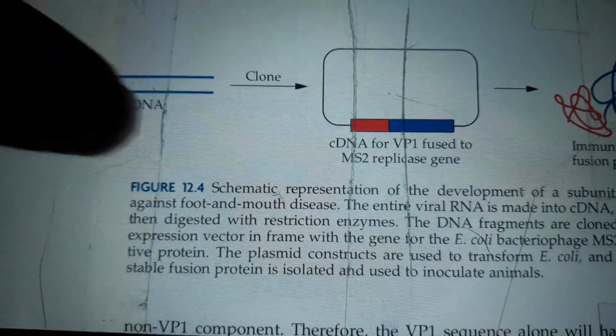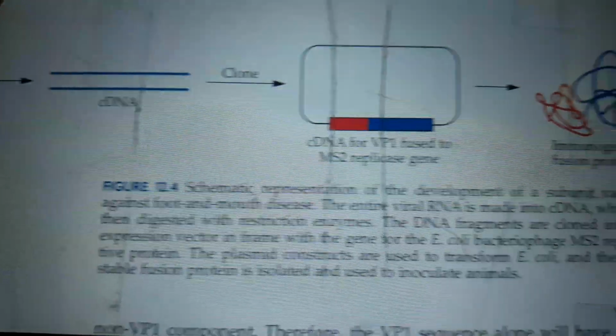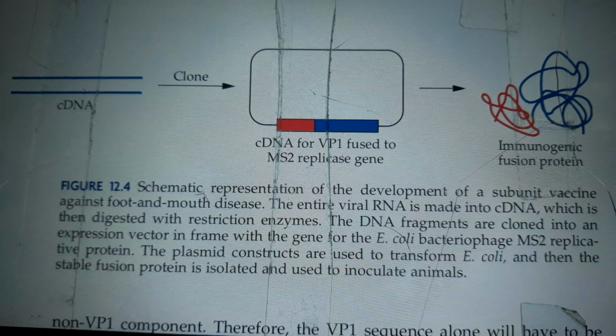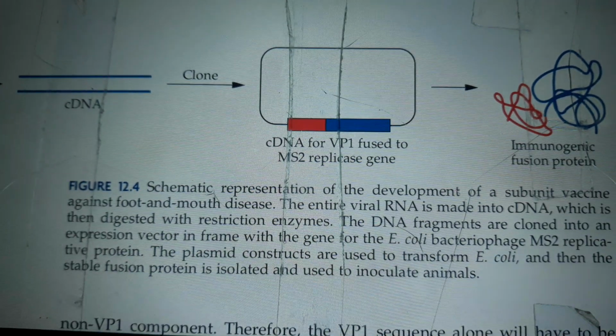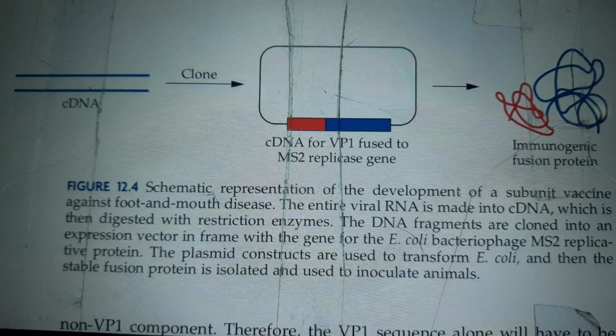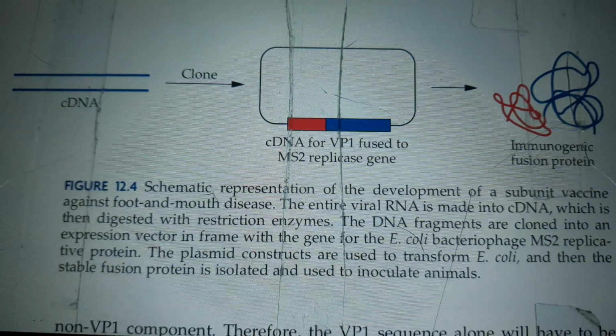This is a schematic representation of a subunit vaccine against foot and mouth disease. Viral RNA is made into cDNA, which is then digested with restriction enzymes. The DNA fragments are cloned into an expression vector and fused with the gene of the E. coli bacteriophage MS2 replicase protein.